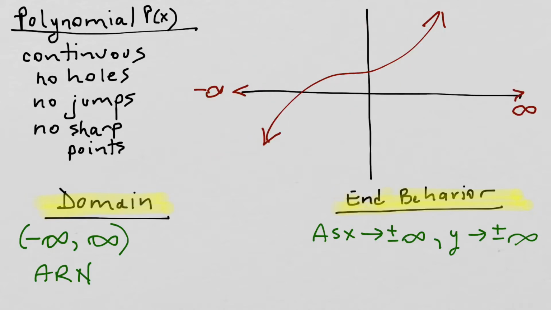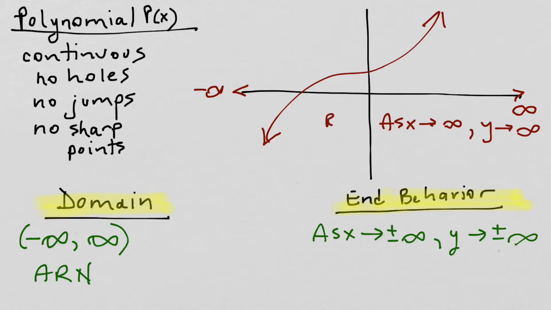Let's just do one example real quick. I'm going to go through the end behavior fairly quickly because this is a skill we generally have already. For this particular one, our end behavior would be written as: x approaches positive infinity, I'm on the right hand side now, then y goes up, so y approaches positive infinity.